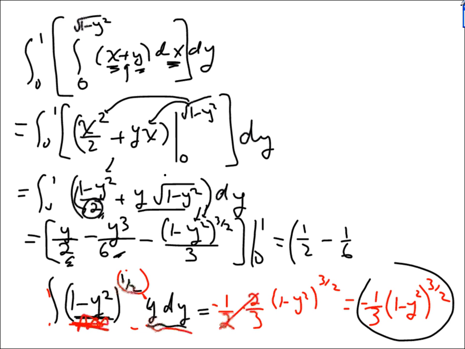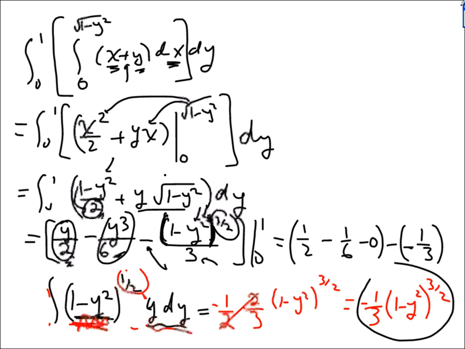So this 3 halves is 0, divided by 3 is 0. Minus 0. When you plug in 0 here and here, you get 0. Minus that minus right there. When you plug in 0, you get 1 minus 0 squared in the brackets, which is 1. Because the 3 halves is 1, divided by 3 is 1/3.